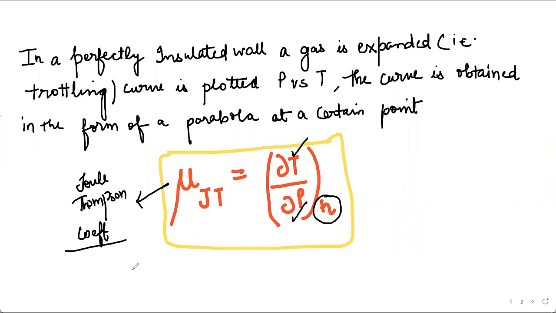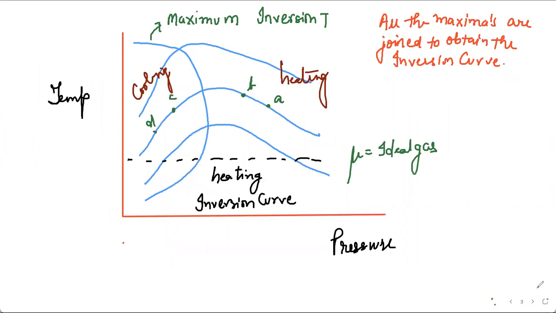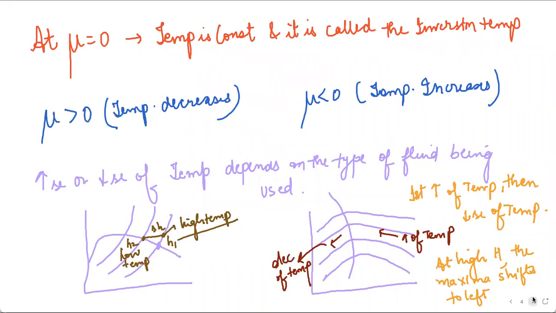At constant enthalpy, the partial derivative of temperature and pressure is equal to your Joule-Thomson coefficient.